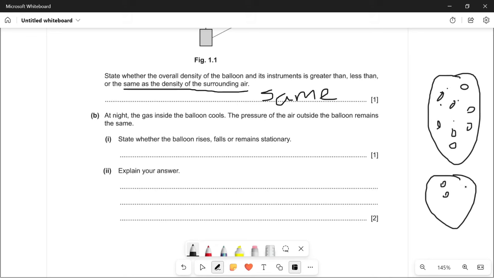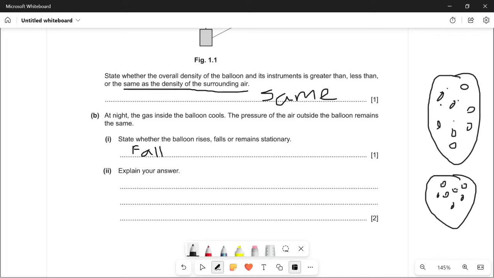The gas particles are going to be closer to each other, so they're not going to move that much. So the volume is going to decrease. The pressure of the air outside the balloon remains the same. If the pressure outside remains the same, the balloon is going to fall.